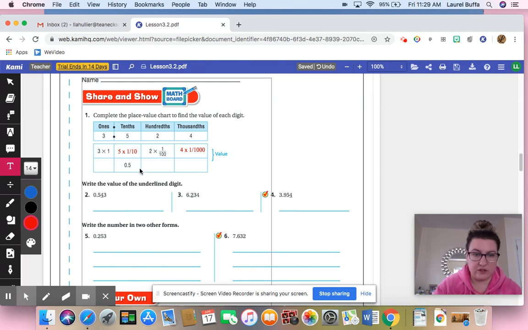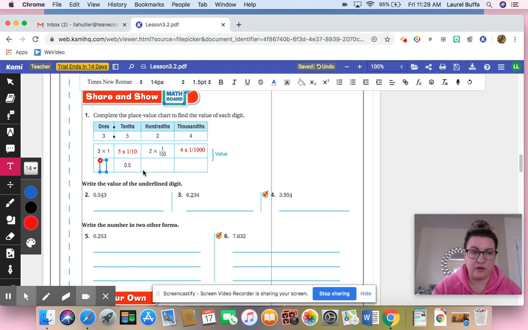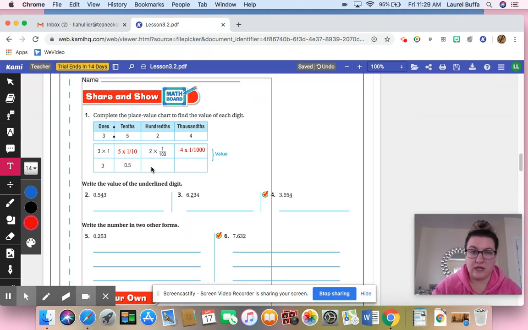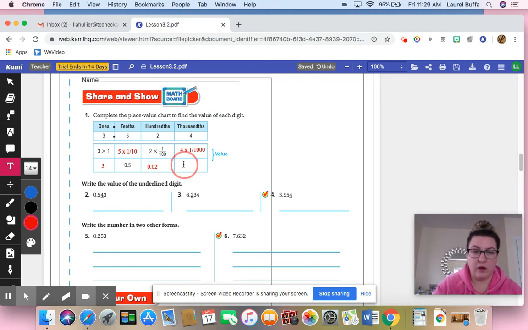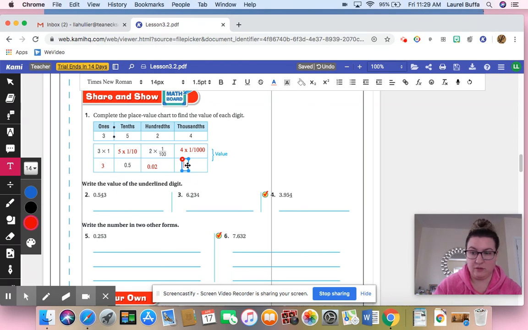So here they just want us to write our products. 3 times 1 is 3. 2 times 1/100 would be represented as a decimal as 0.02. And 4 times 1/1000 would be represented as 0.004.